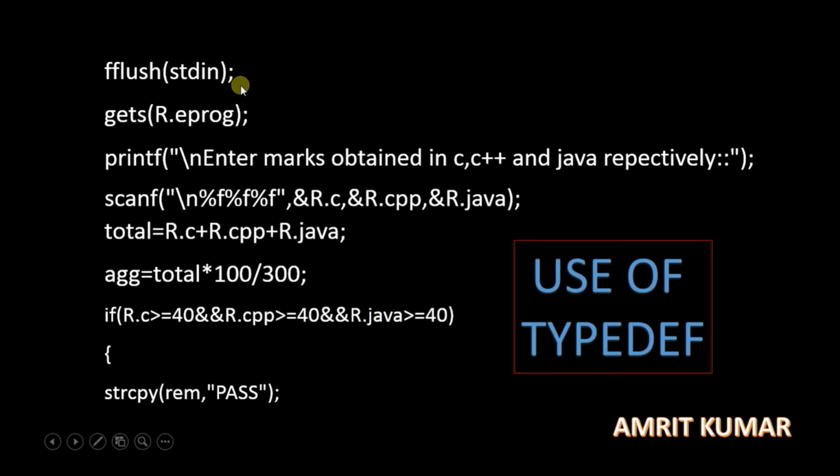The user is going to enter the enrolled program, which means they can choose C, C++ or Java, or they can choose C only, or Java only. Then I am using enter marks obtained in C, C++, Java respectively. That is going to be stored in r.c, r.cpp, r.java with the help of the scanf function.